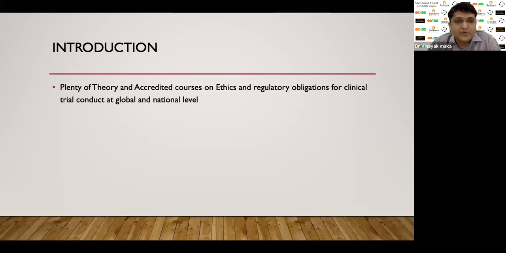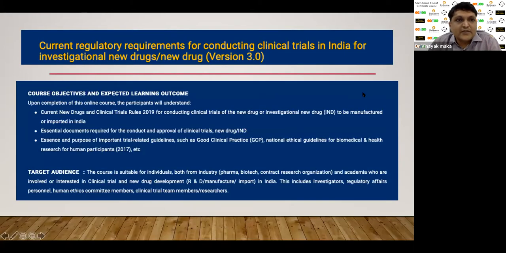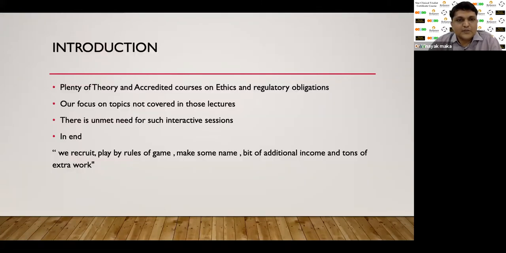There are a few ESMO orientations, and even at the national level there is a certified course for the conduct of clinical trials on the SWAYAM app.